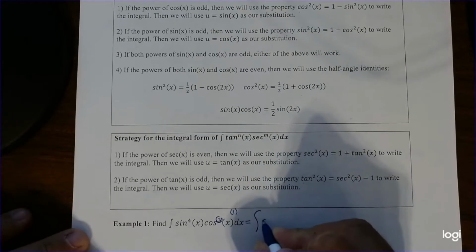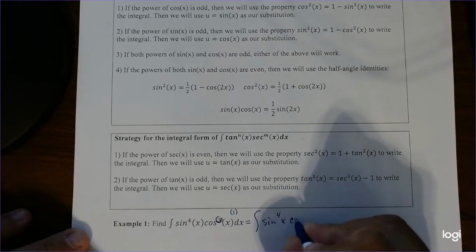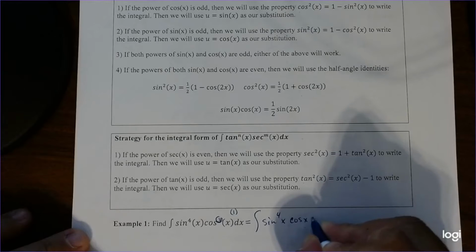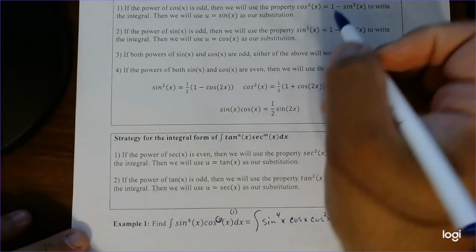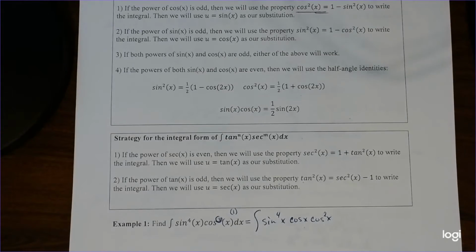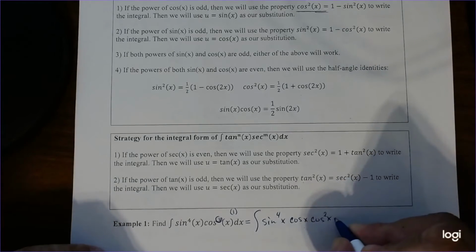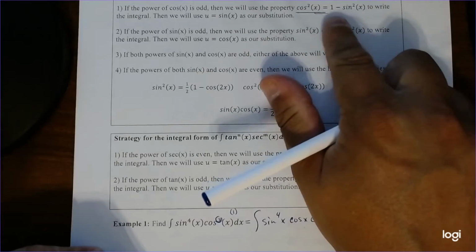So the integral of sine to the fourth x, and then we're going to do cosine x times cosine squared x, and that's why we use this property there. So we're just going to break it up. It's looking like that. Now, once we broke it up, we'll use our operation here.